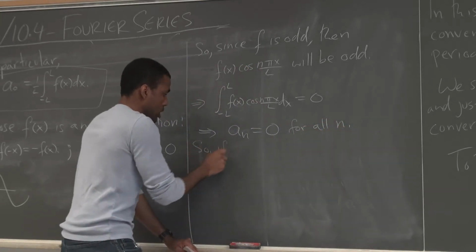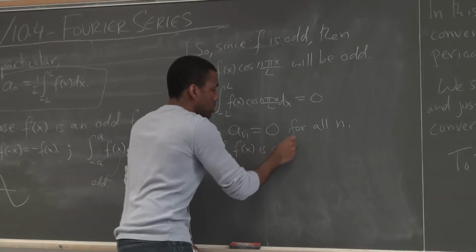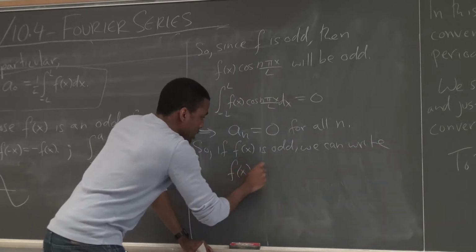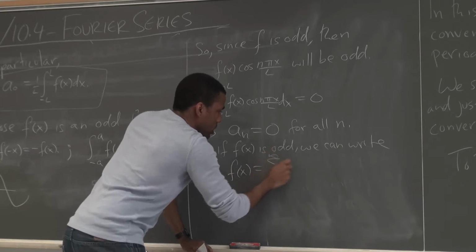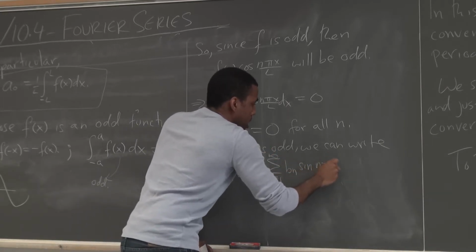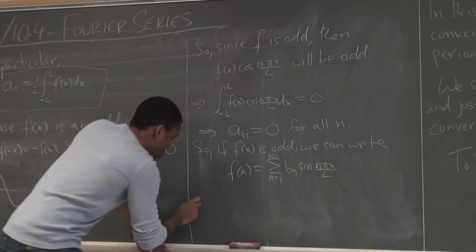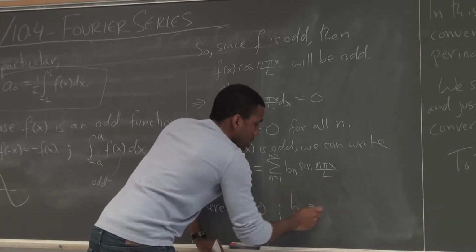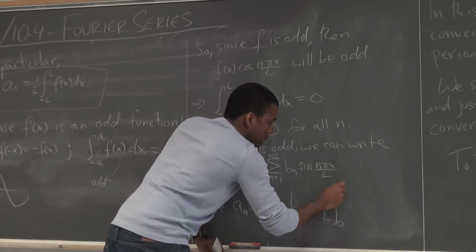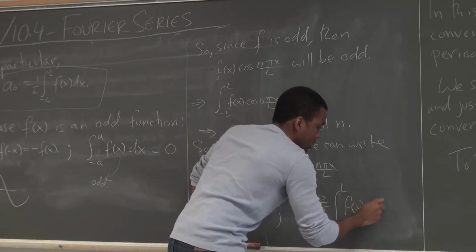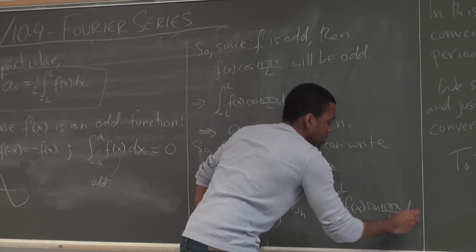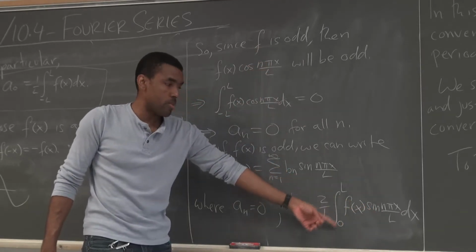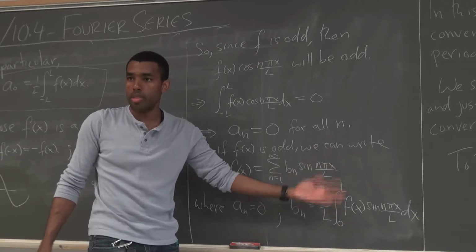So, if f of x is odd, we can write f of x equals just the series from n goes from 1 to infinity of bn sine n pi x over L, where all your an's will be 0, and your bn's are given by 2 over L from 0 to L of f of x sine n pi x over L. This is because if f is odd, then f times sine is even, and if you integrate an even function over a balanced interval, you can just double the integral over the half interval.